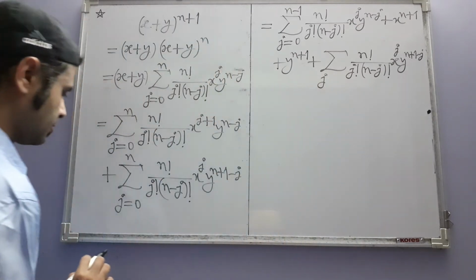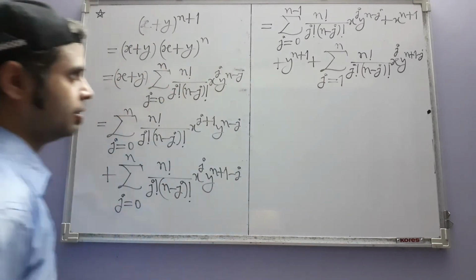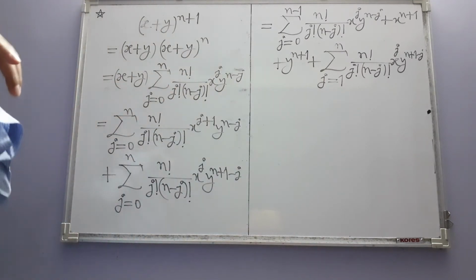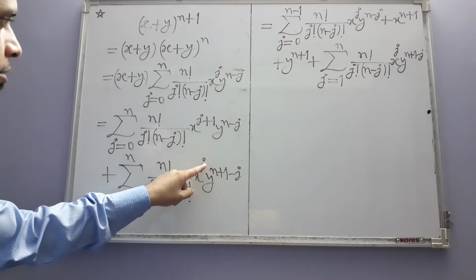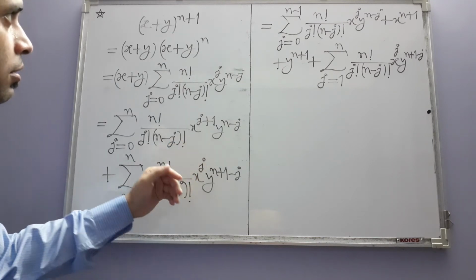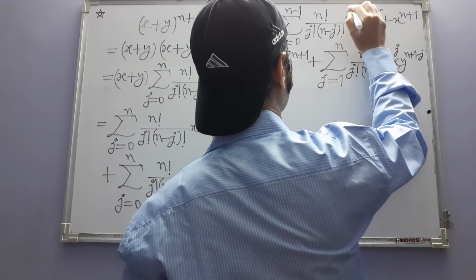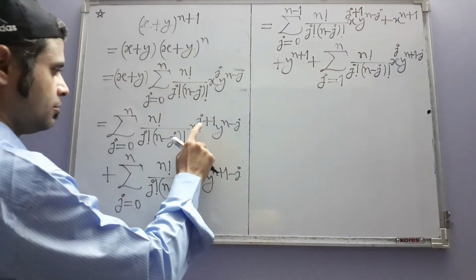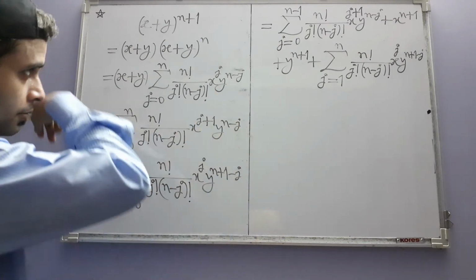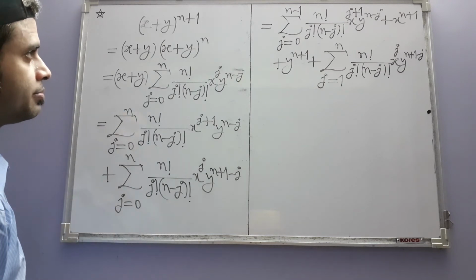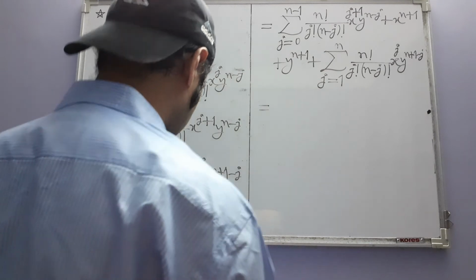No more mistakes. J equal to 1 to n. Okay, yes. Okay, then what?